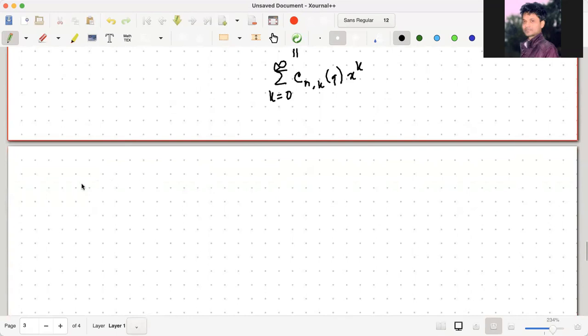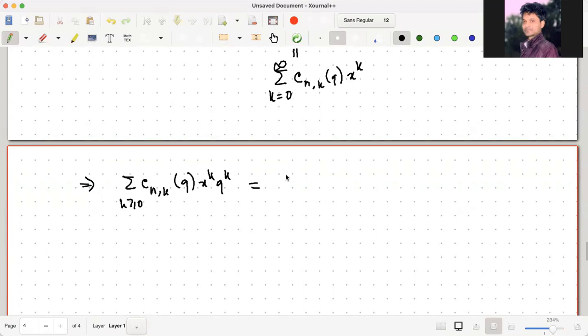From here, actually, we notice that the sum of c_{n,k}(q) x to the power k q to the power k, for k greater than or equal to 0, is nothing but 1 over (xq; q)_{n+1}. I'm replacing the x by xq.